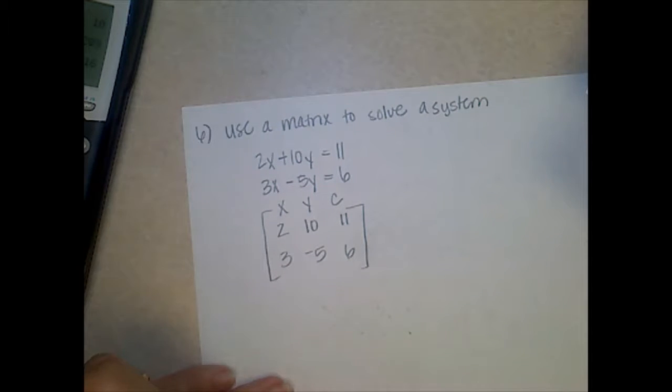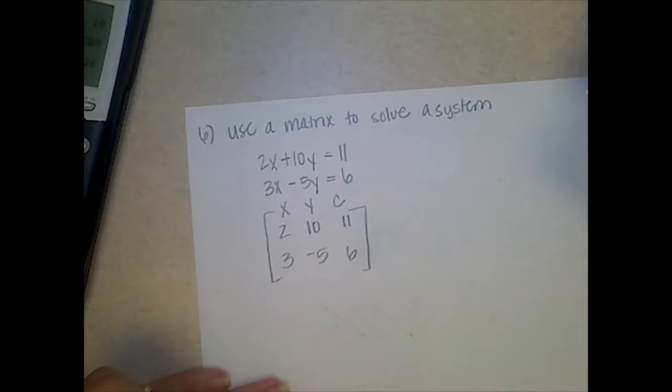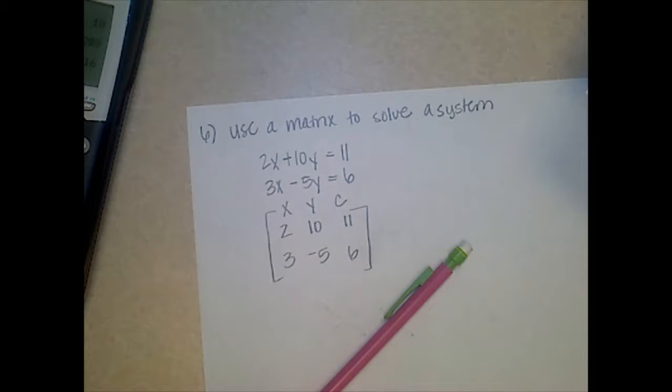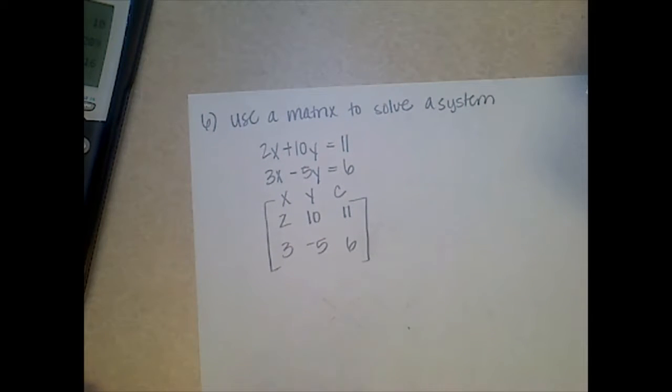Okay? Now, what we have to do first is find the determinant. Now, we have been here before with finding that determinant. In the regular determinant, we don't include the constant.